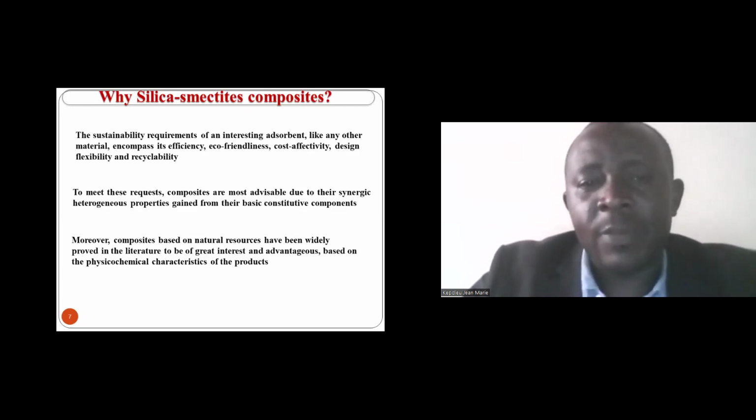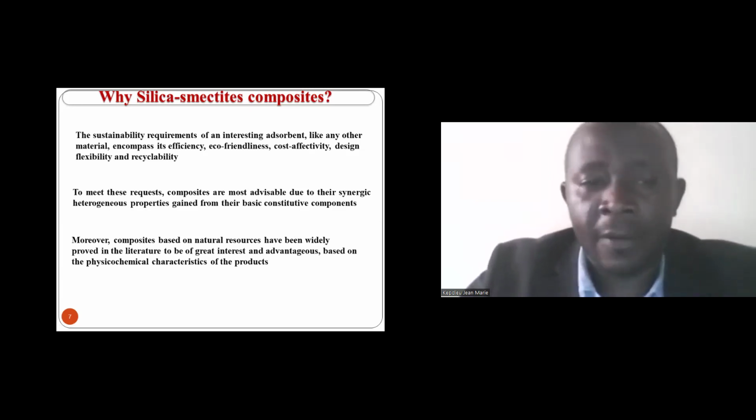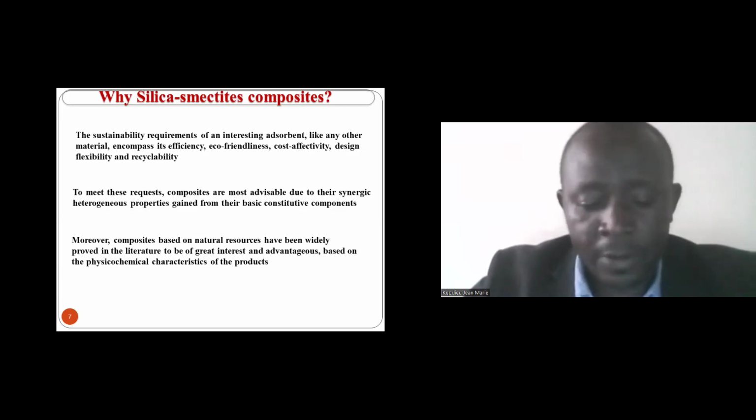Moreover, composites based on natural resources have been widely proved in the literature to be of great interest and advantageous based on the physical-chemical characteristics of the products.